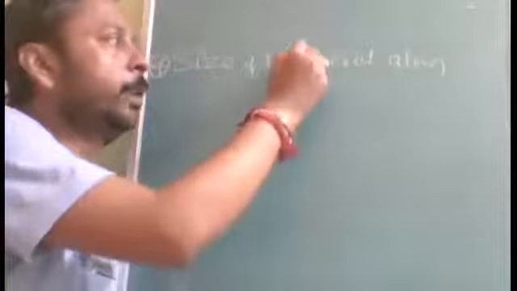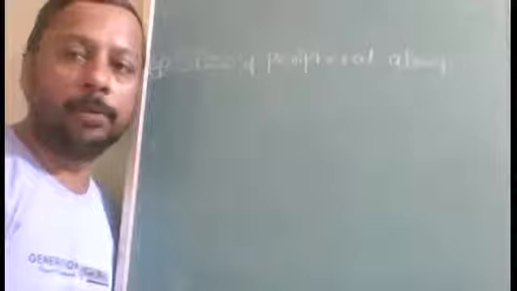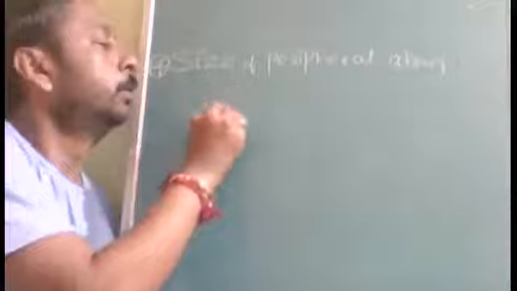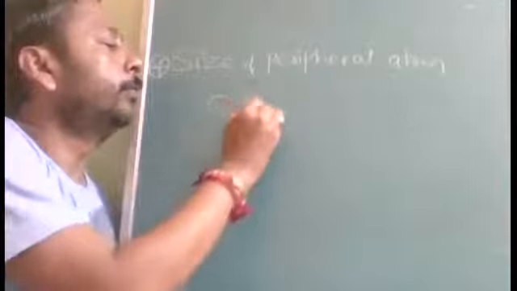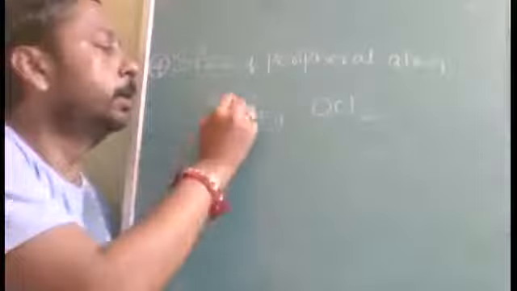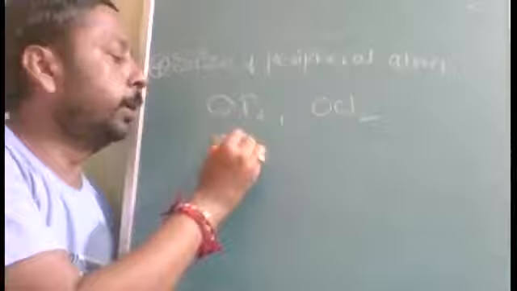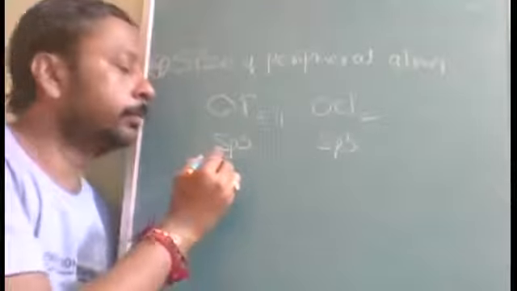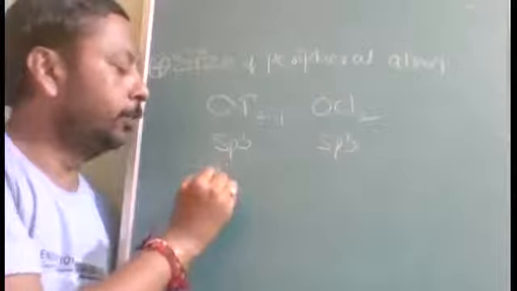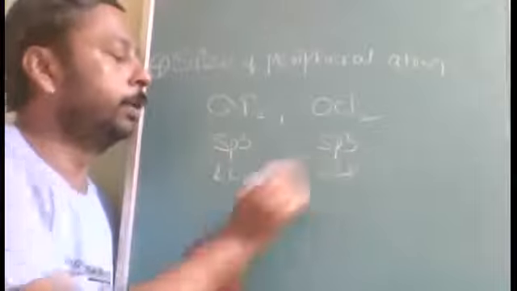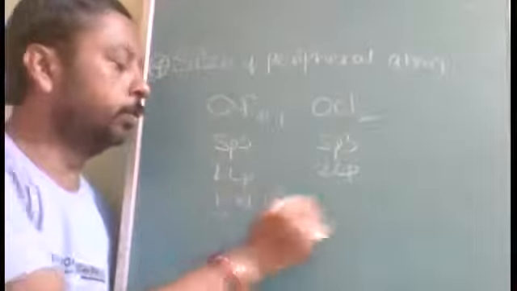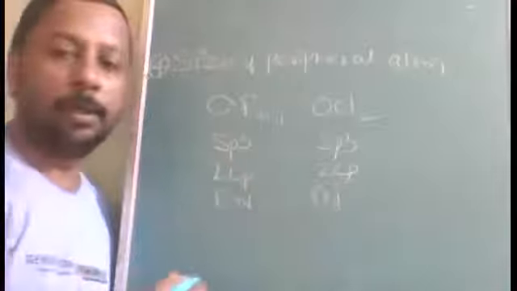What is a peripheral atom? The outer atom, you can also say. I will take the example of OF2 and OCl2. When I find the hybridization, both are sp3, and both have two lone pairs. The hybridization is the same, the lone pair is the same, and the electronegativity of the central atom, oxygen, is also the same.